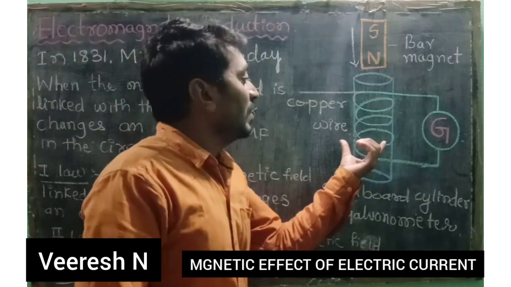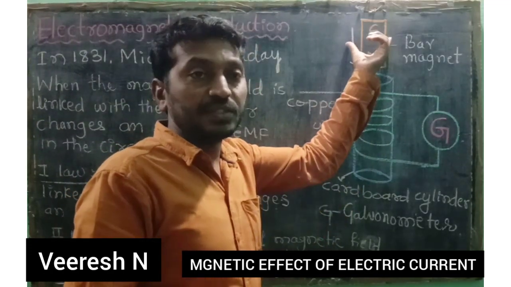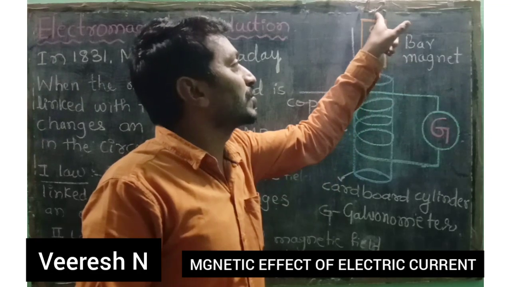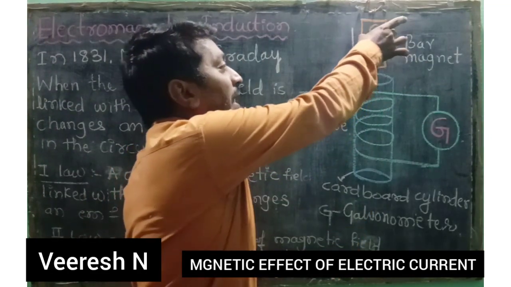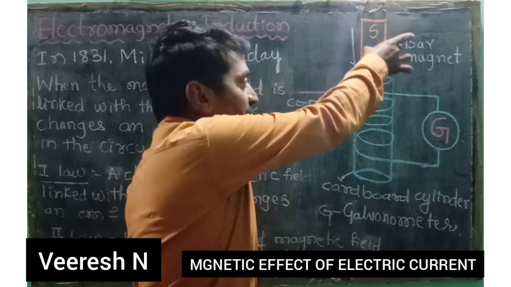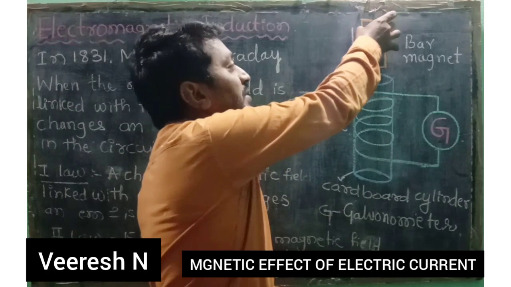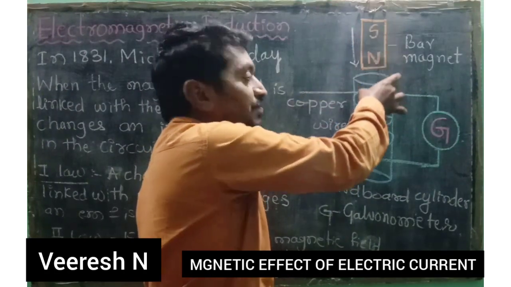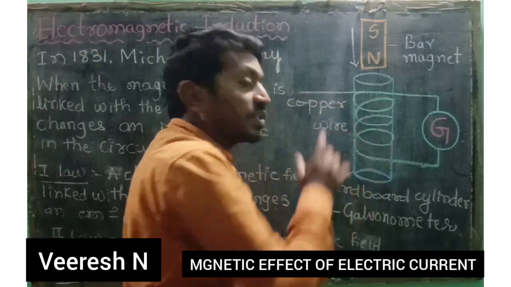Then Faraday took a bar magnet, which has two poles, the north pole and the south pole. The magnet is thrust inside the cardboard cylinder. Thrust means just placed or pushed inside the cardboard cylinder.